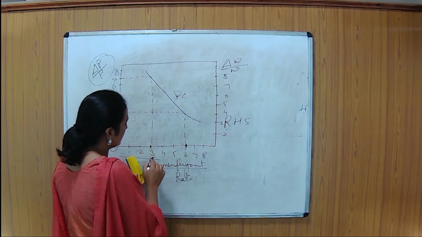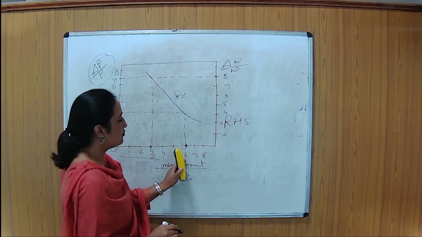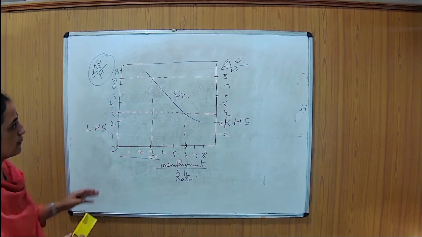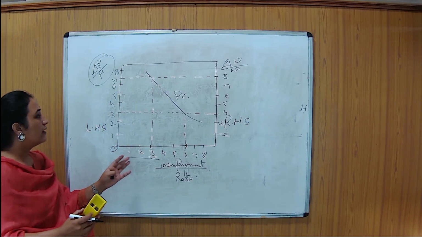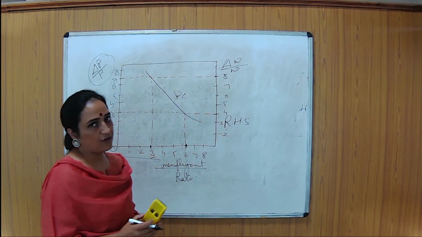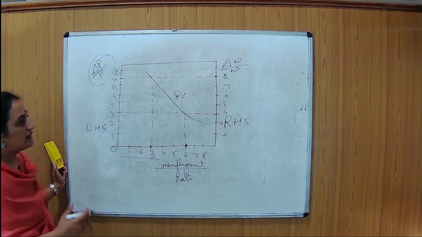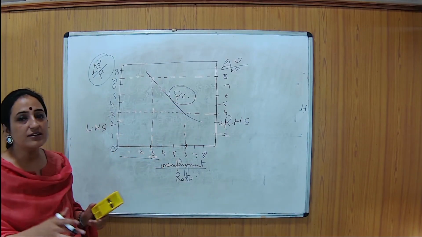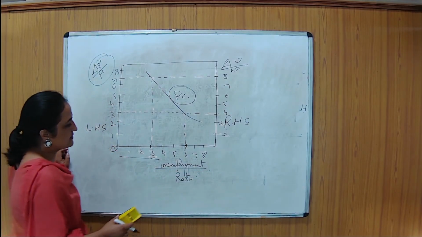When we take unemployment 3, then it is 8, and when we take unemployment 6, then it is 4. So you can see that with the help of one diagram we are able to draw the relationship between price wage inflation and wage inflation. This diagram helps us understand the nature of the Phillips curve and why it has a downward slope, because there is an inverse relationship between unemployment and wage rate inflation.